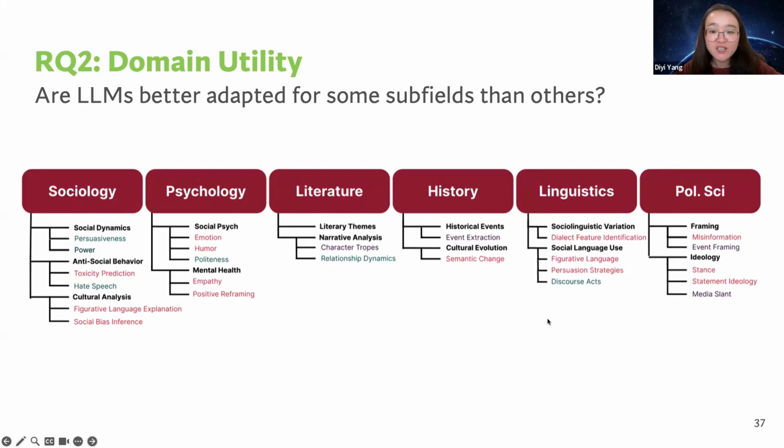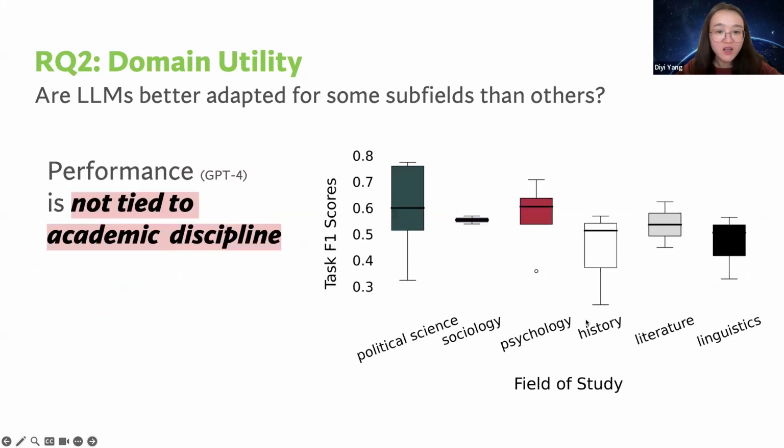Of course, we recognize that all tasks may have multidisciplinary utility, so this partition may not best capture everything here. But we hope that this partition helps us understand the academic scope of those systems. We found that there is not actually a strong bias against or in favor of any particular field of study. So performance is not tied to academic discipline.